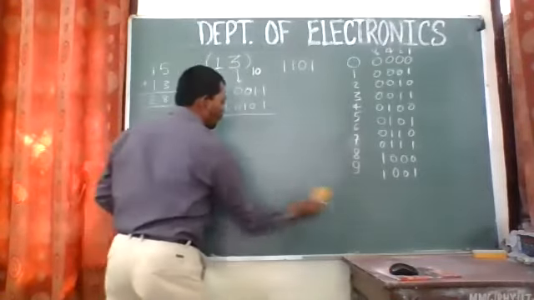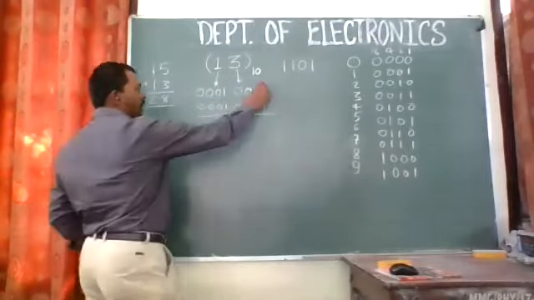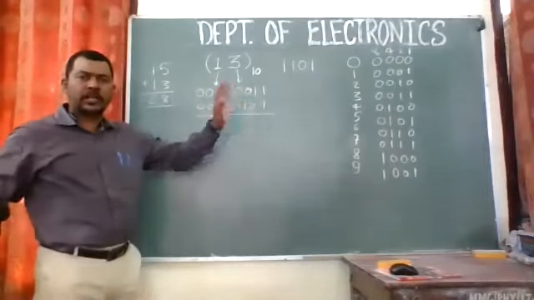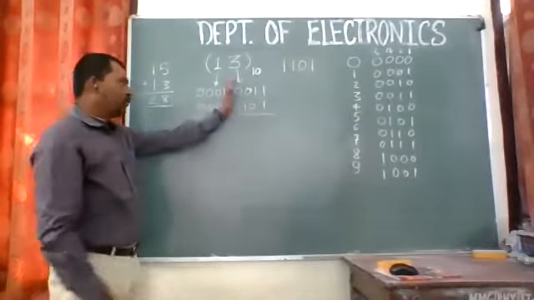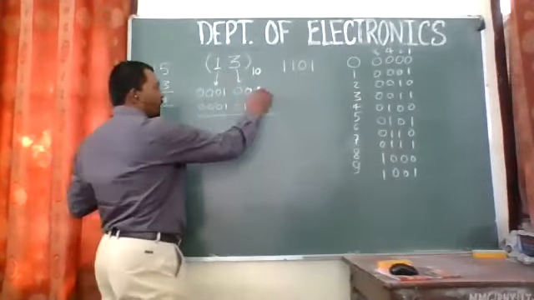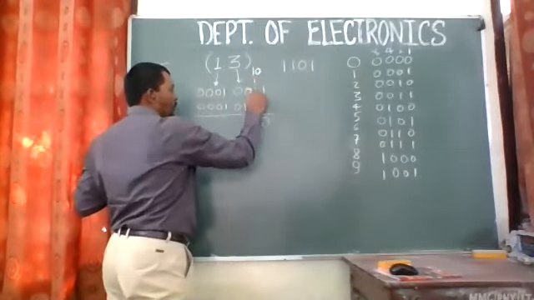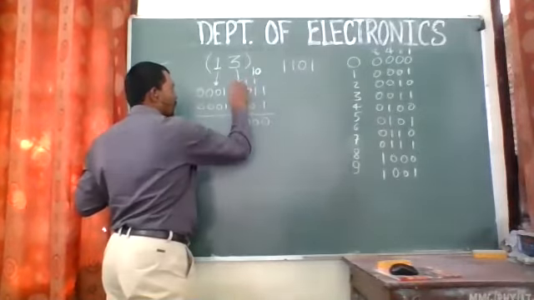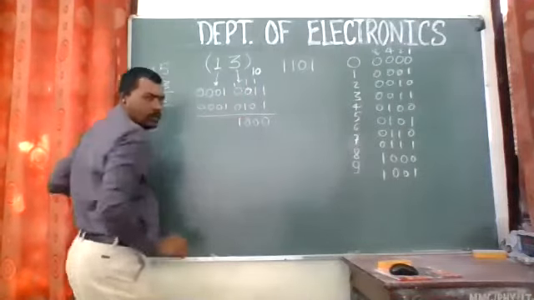This is the simple BCD code of 15, and I need to add it. The basic rules of addition are the same as in binary addition. We do the first 4 bits and then the other 4 bits. 1 plus 1 is 0 with a carry 1, again 0 with a carry 1, and 1 plus 0 is 1.